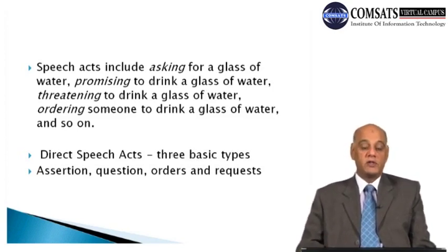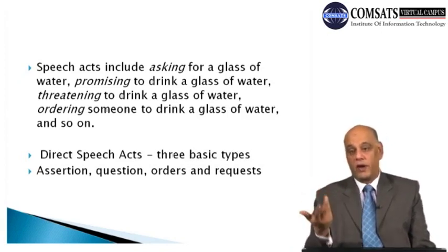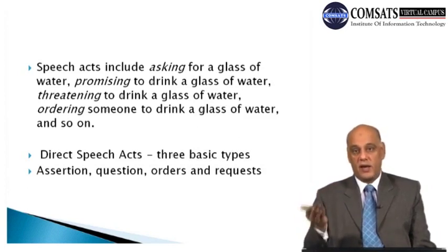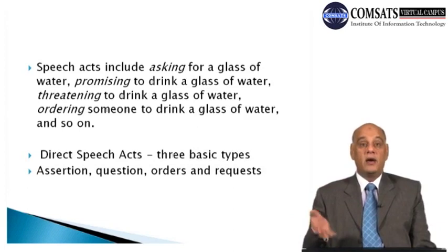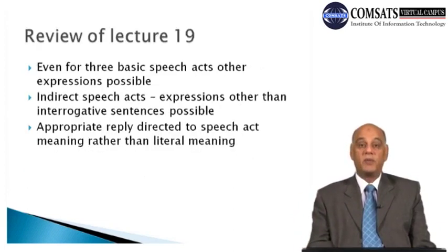Then we also saw orders and requests, how we can make orders. We had the imperative sentences to give orders, and then the indirect ways to give orders. For requests also, we saw some indirect ways and some direct ways. Even for the three basic speech acts, other expressions were possible.